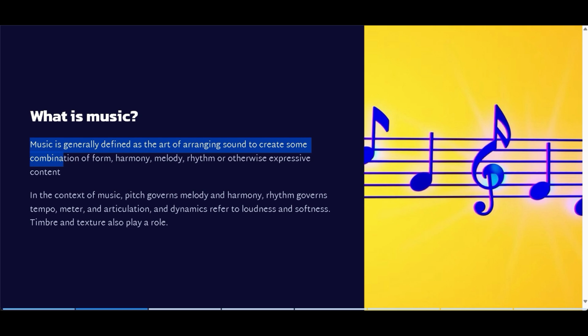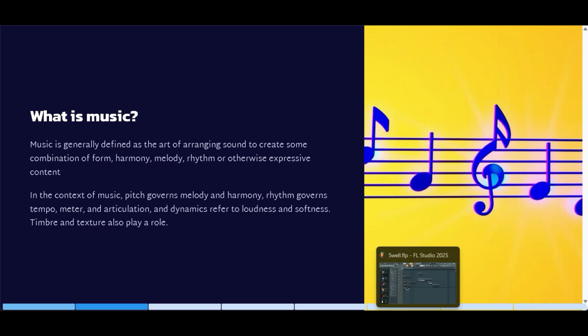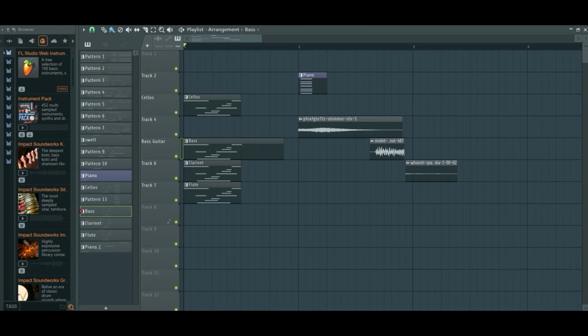Music is generally defined as the art of arranging sounds to create some combination of form, harmony, melody, rhythm, and otherwise expressive content. So, arranging sound. Sound can be arranged in a DAW, like this. These are cellos, bass, clarinet, flute.